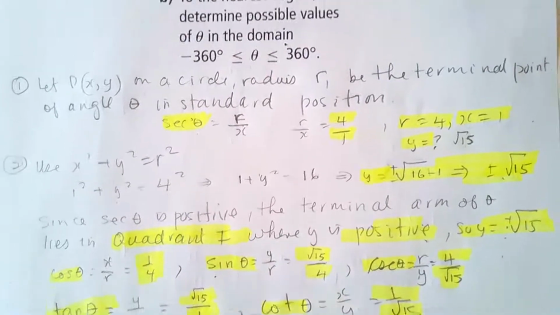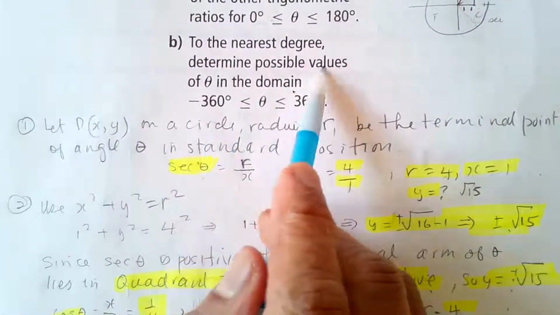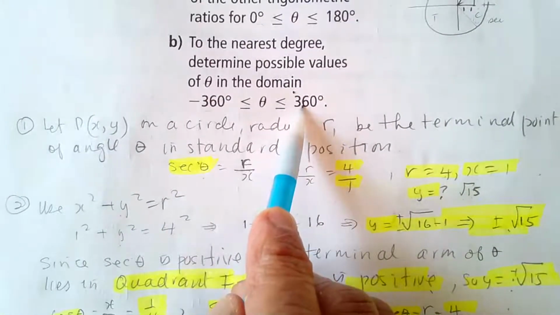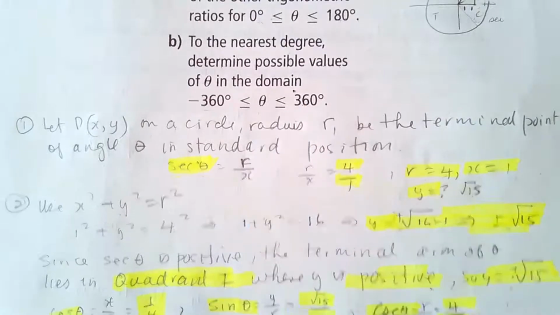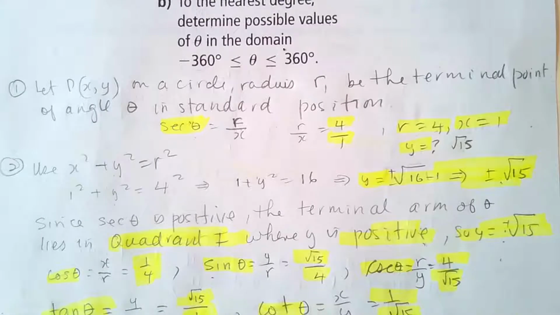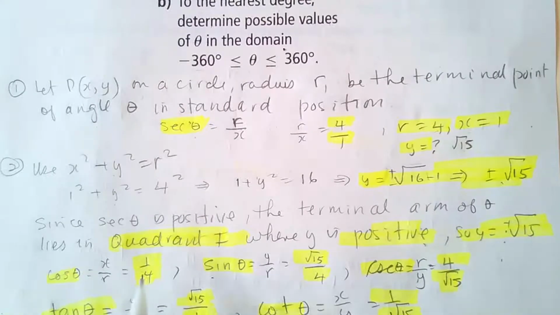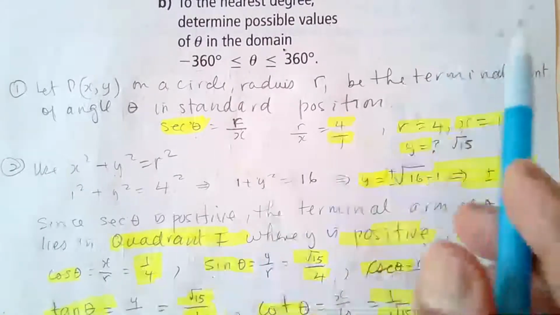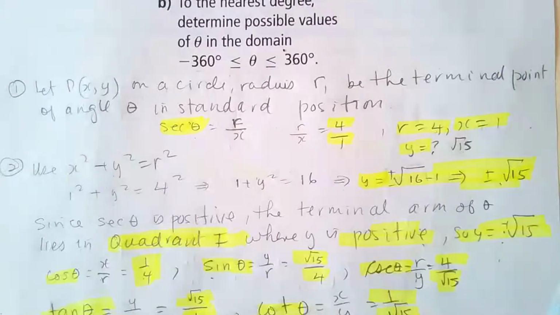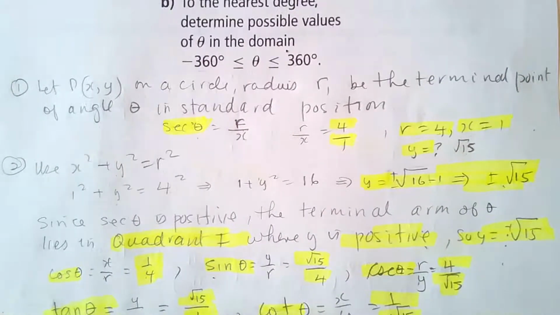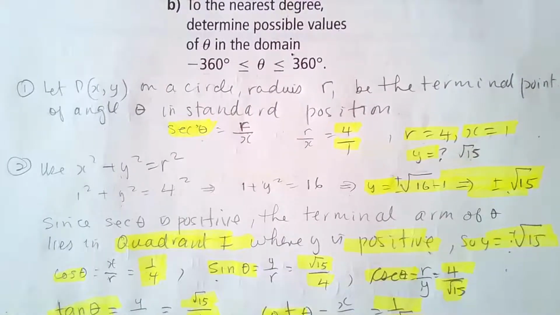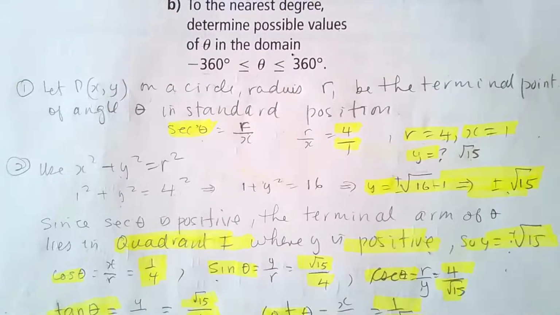Now, the second part of the question: to the nearest degree, determine the possible values of theta in the domain between negative 360 and positive 360. Now, we can look at cos because it's an easier value to work with, whole numbers. So cos theta is 1/4, so we know it's in quadrant 1. So we have part B here. Cos theta is 1 over 4 in quadrant 1.